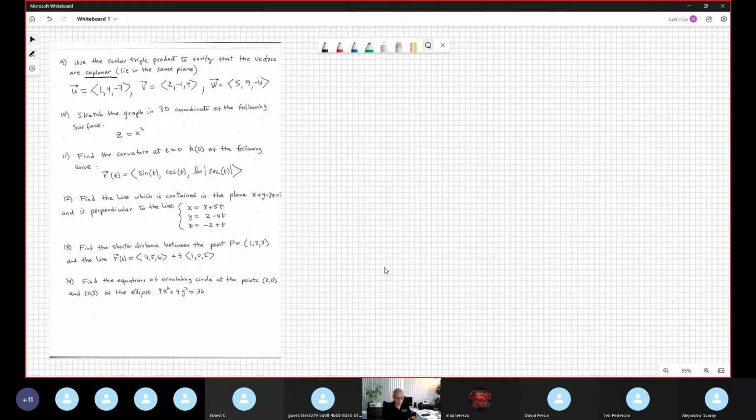Okay, so question 12 is about finding the line that is contained in a plane and is perpendicular. Oh, okay, this is 12, no? Okay, so it's this. Give me one line, in parametric form: x = 3 plus 5t, y = 2 minus 4t, and z = minus 2 plus t.